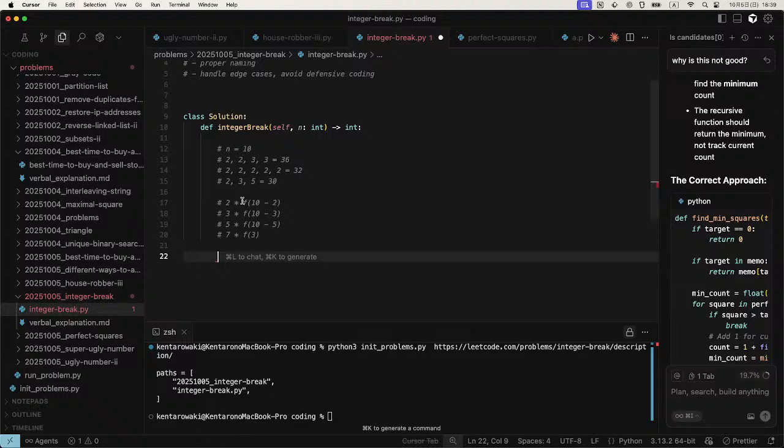Not all possibilities, not all combinations. All combinations within one step.